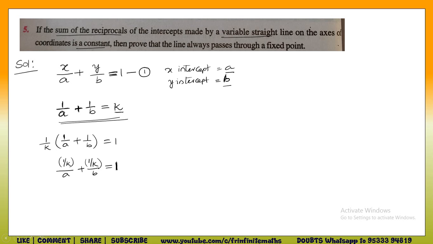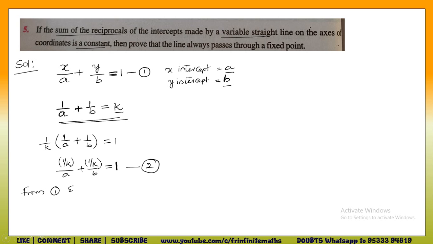Here we are just rearranging them. So 1 by k by a plus 1 by k by b is equal to 1. Let this be equation number 2. If you compare equations 1 and 2, in the place of x I have 1 by k, and in the place of y also I have 1 by k.